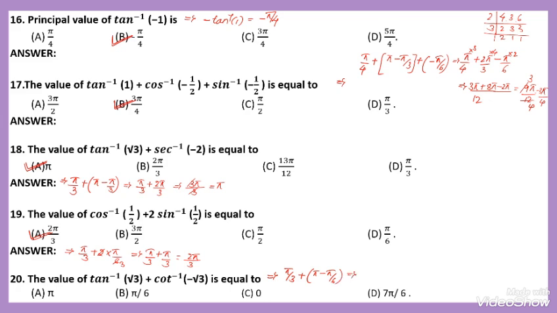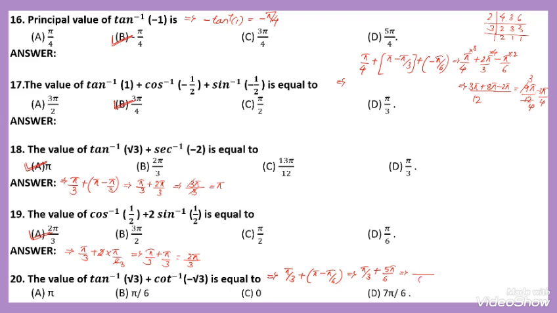Now I can solve here. 6 into pi, 6 pi minus pi, 5 pi by 6. Here there is a pi by 3 plus 5 pi by 6. While the bases are different, we have to take the LCM.